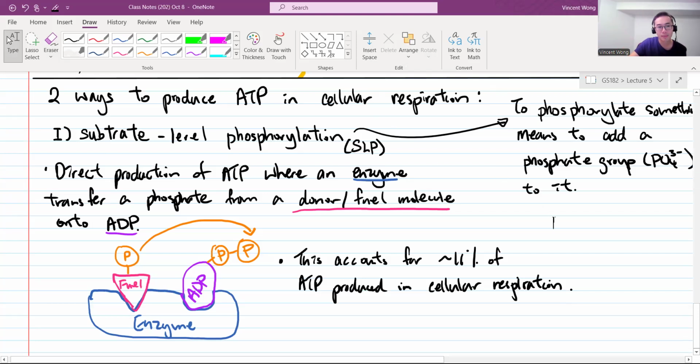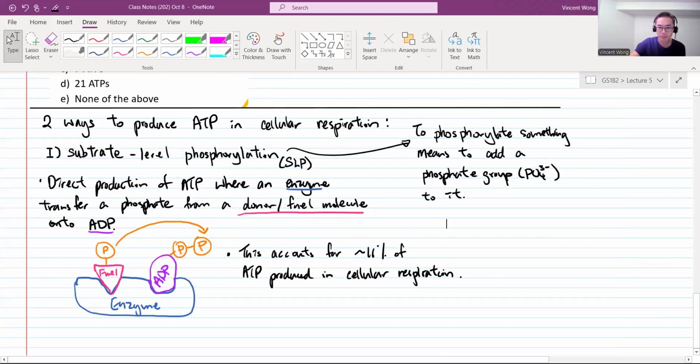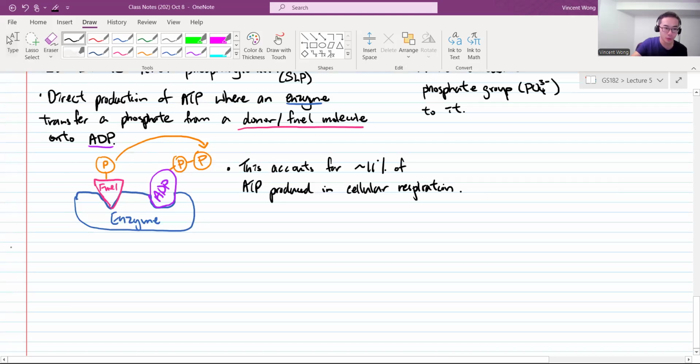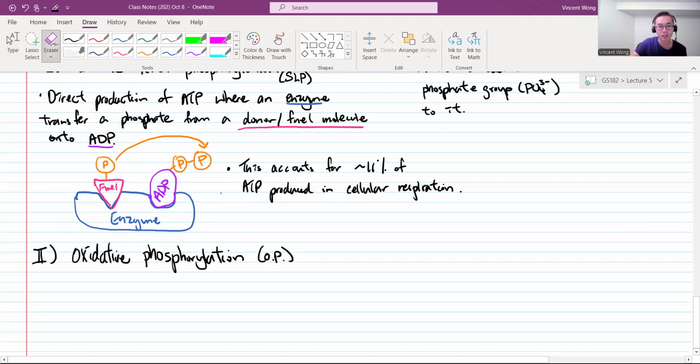All right. So we're talking about 2 different ways to produce ATP. This is one of the ways. Method number two is called oxidative phosphorylation, OP if you would. Oh, by the way, I'm so sorry. I forgot to write another point here.